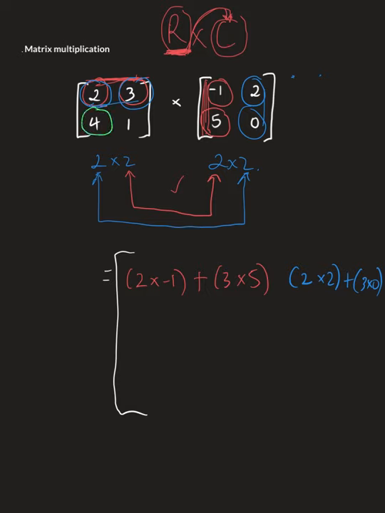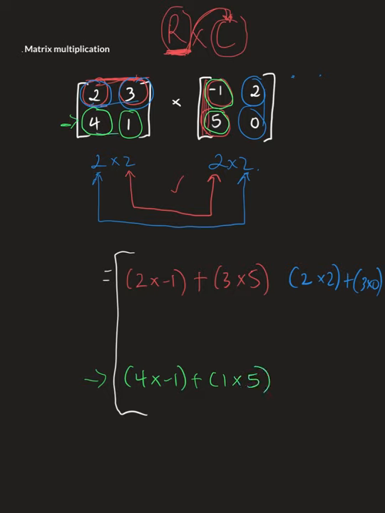So 4 times -1, and I'm now working in the second row, so I'm in the second row of my resulting matrix, plus 1 times 5.